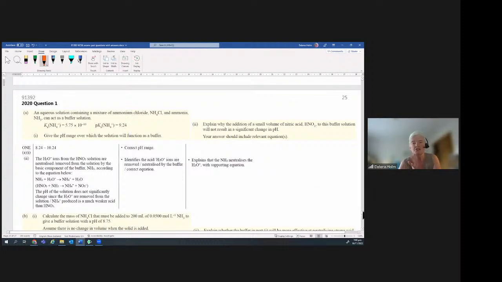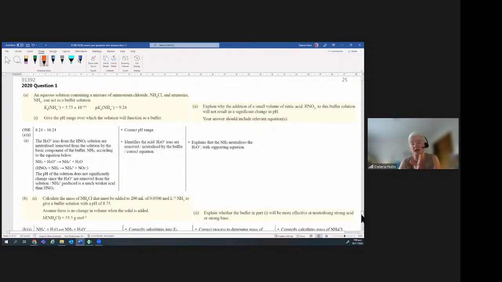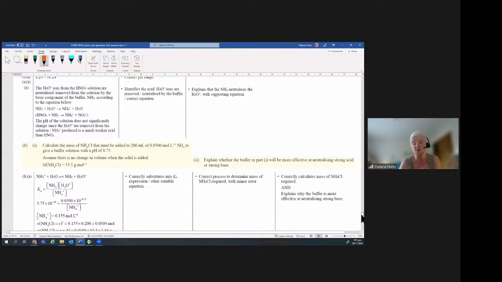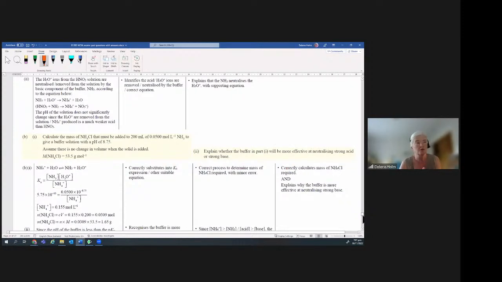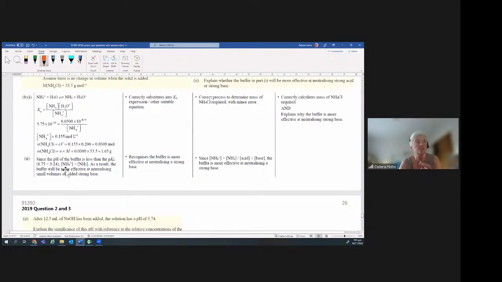So you don't have equal ratios of weak acid to the conjugate base. Basically, they said, since the pH of the buffer is less than the pKa value, the buffer will be more effective at neutralizing the base. Because obviously we've got a more acidic solution, so we've got more of the acid present than base, and therefore it'll mop up more base.